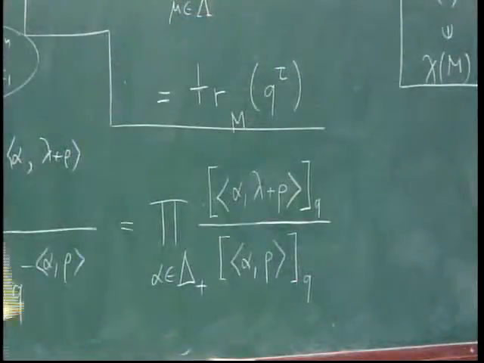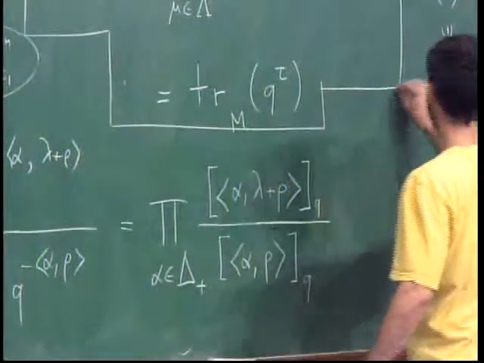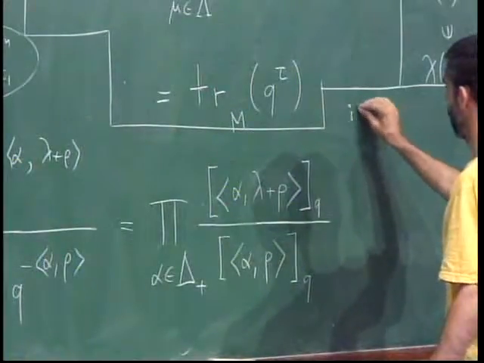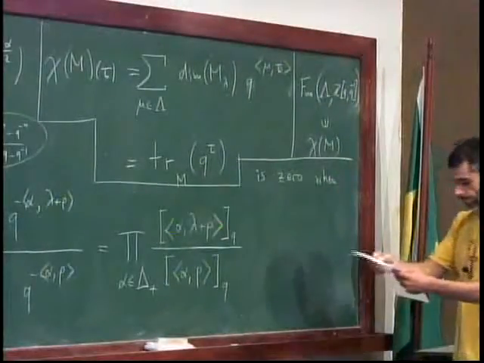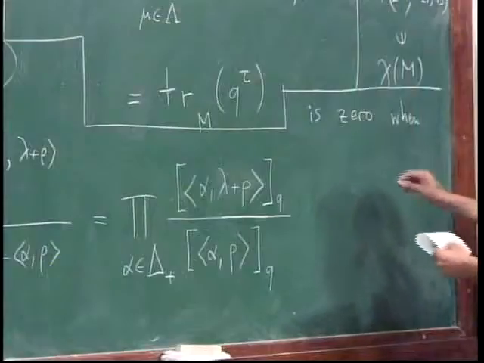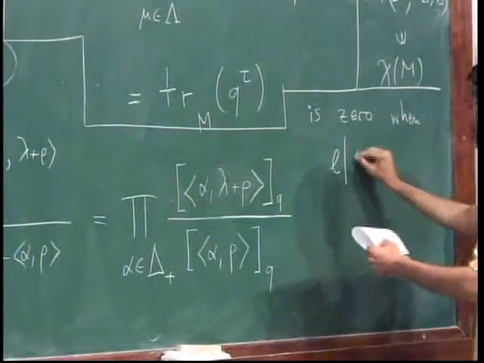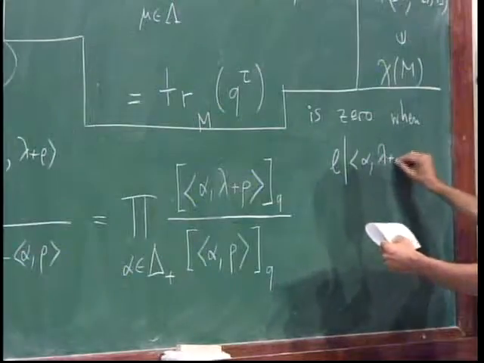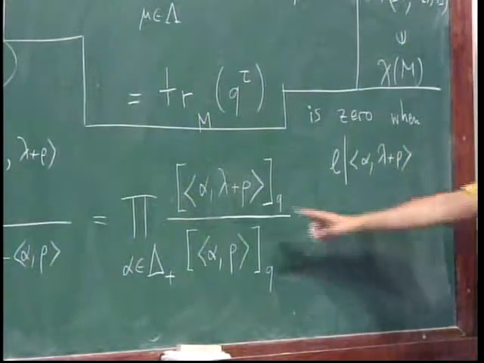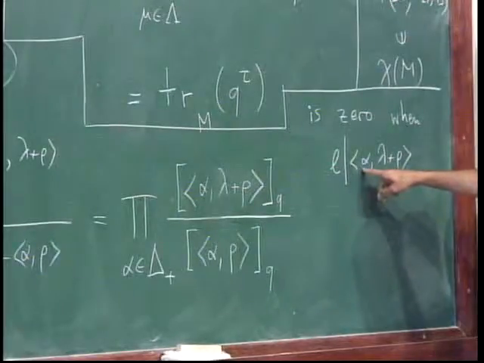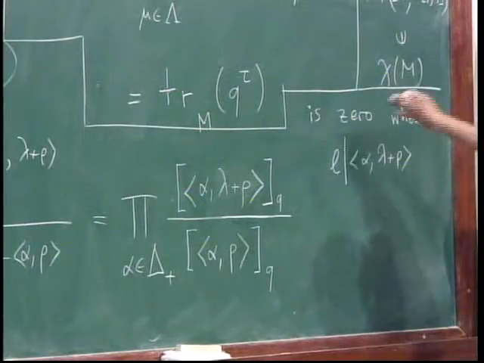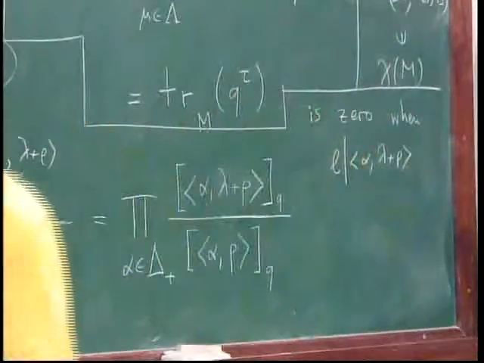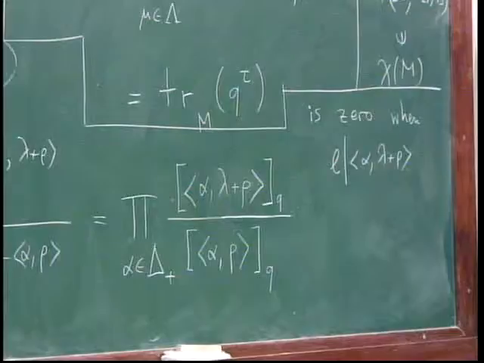So this is 0 when L divides one of those things, when there exists a positive root alpha such that L divides that quantity. And let's think about when that happens. So I will draw a picture in type A2.